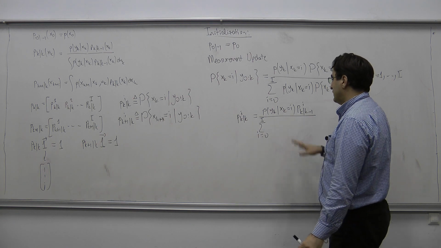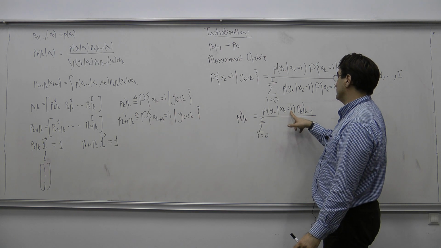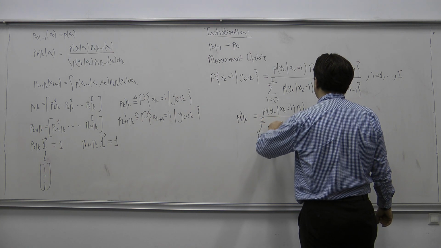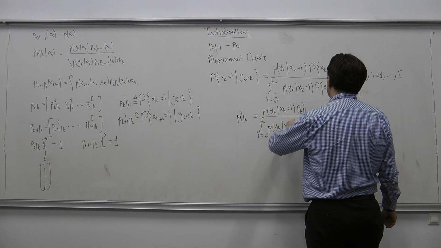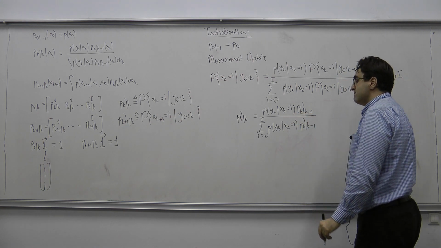I ask you not to confuse this index of the summation with this i here. So I would have p(y_k given x_k equal to i) times p_{k|k-1}^i. Okay?